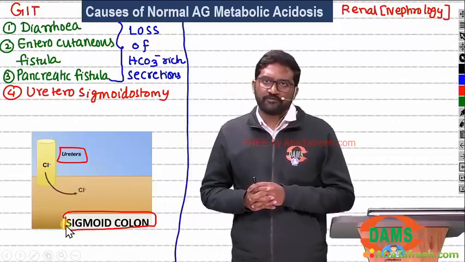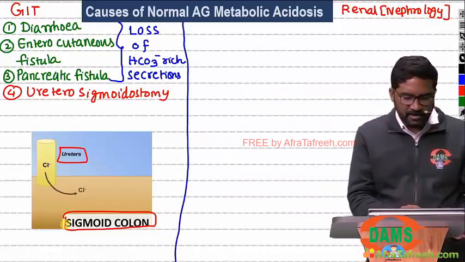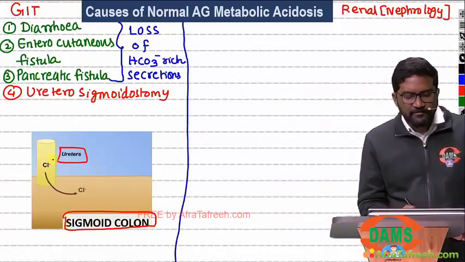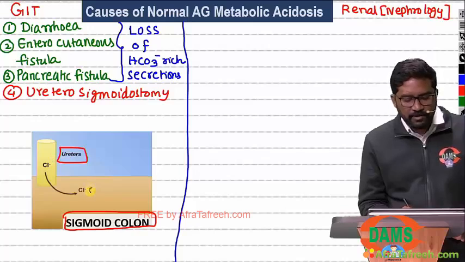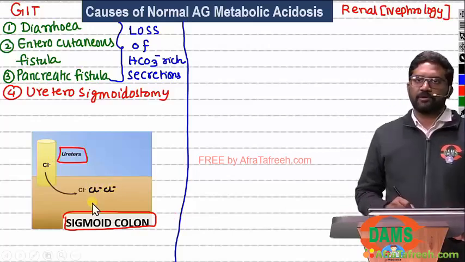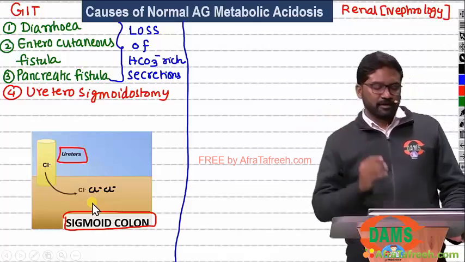Now what do ureters generally contain? They contain chloride. Now suddenly, through urine, a lot of chloride will come into the intestine. Your intestine likes chloride very well.